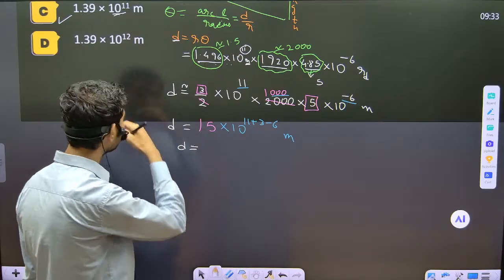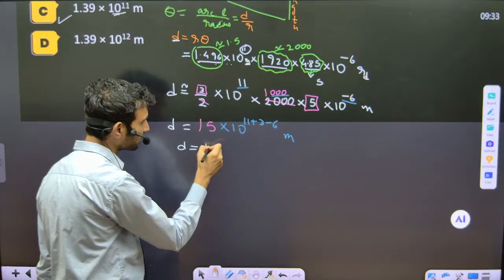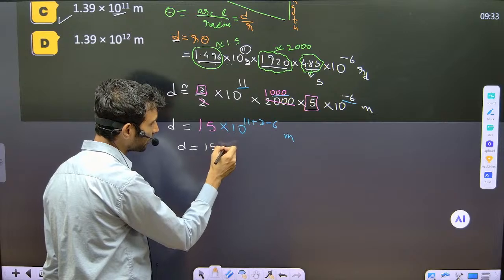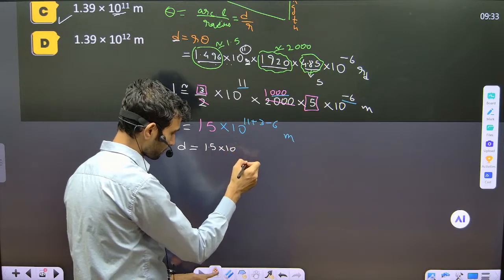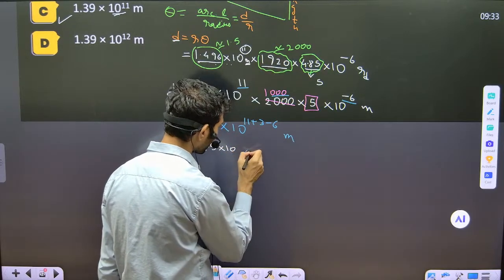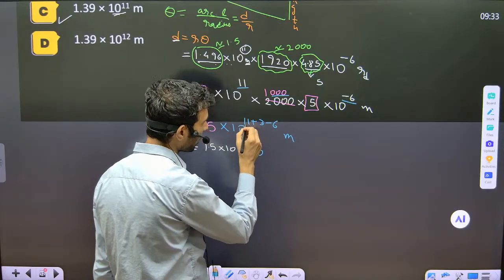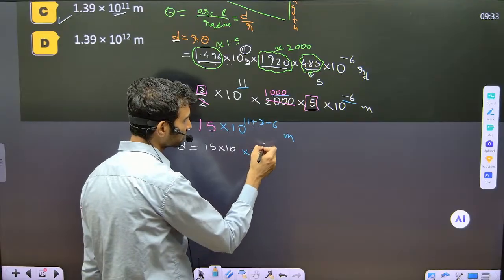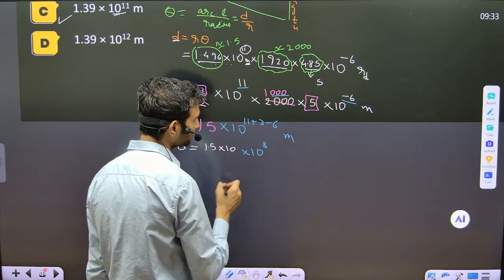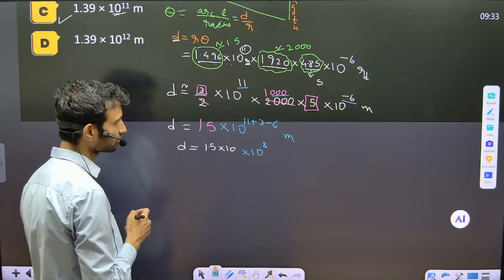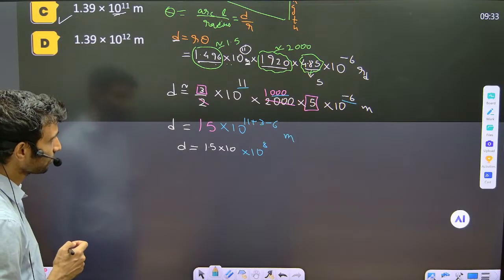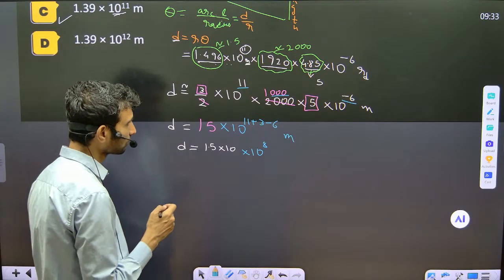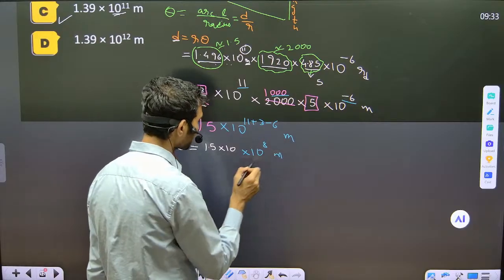Okay, they have it in decimal. So 15 can be written as what, guys? It can be written as 1.5 into 10, into 10 raised to the power 8, right? Meter.